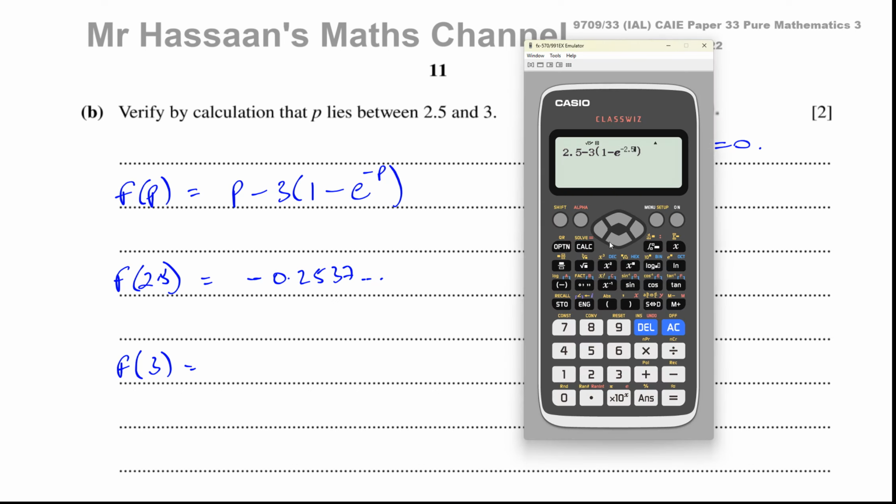So I'm going to go back to where I wrote 2.5 and just change that to 3. Okay, so that's 3 minus 3 times 1 minus e to the power of minus 3.